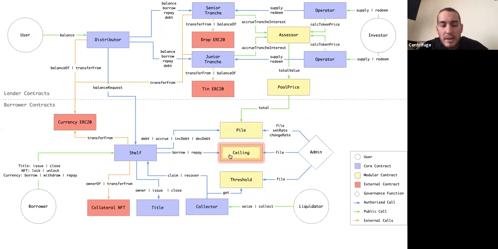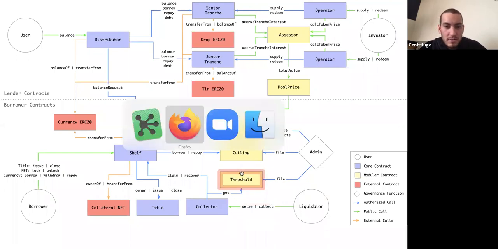Ceiling is the total amount of money that can be borrowed for an asset, and the threshold is the maximum amount of debt that can accrue before the asset will get liquidated. Our keepers can then get the individual NFTs out. And I'll switch back to the presentation.